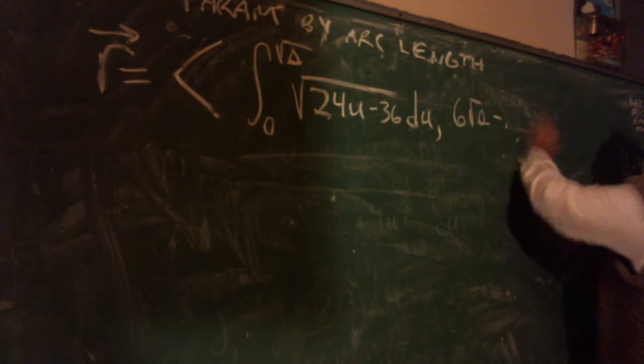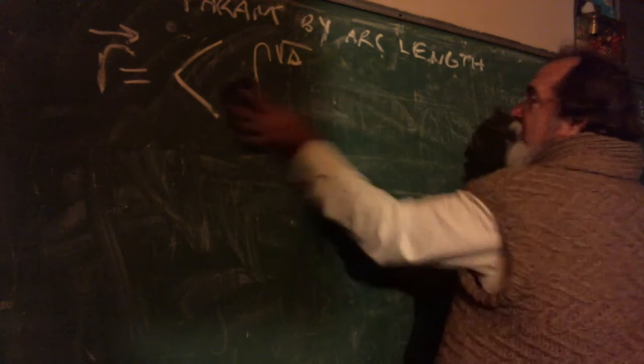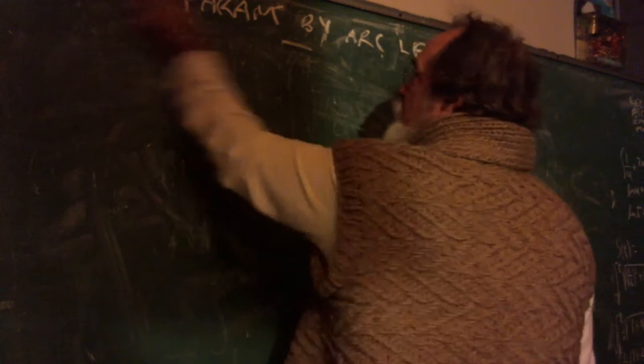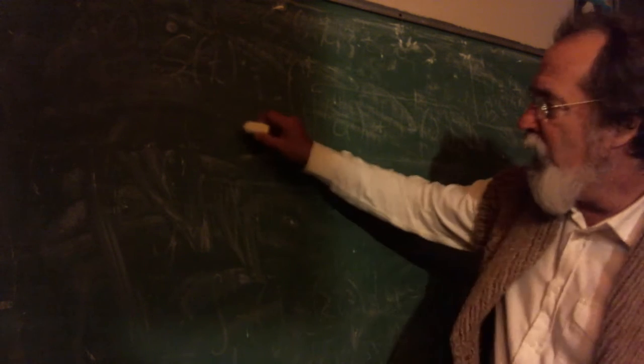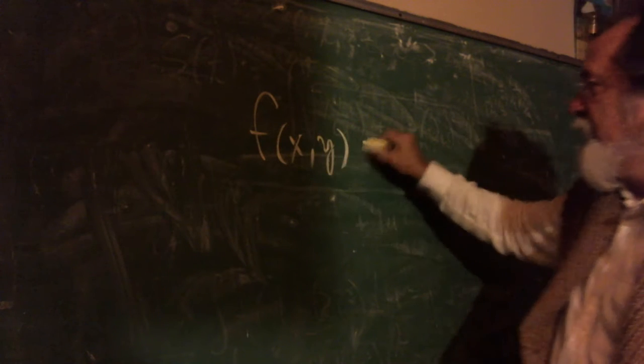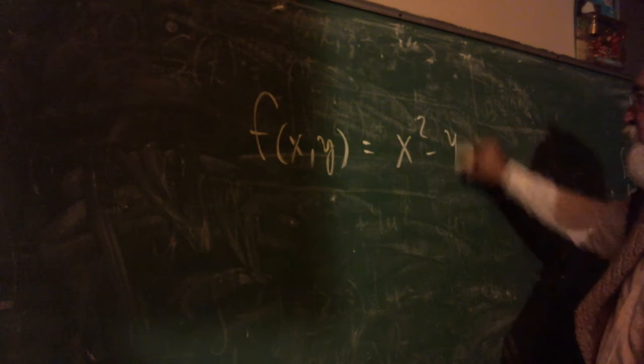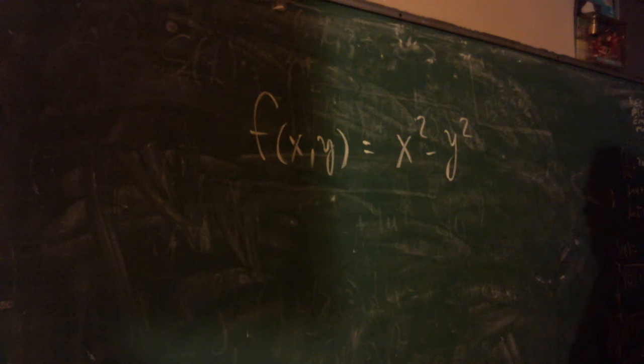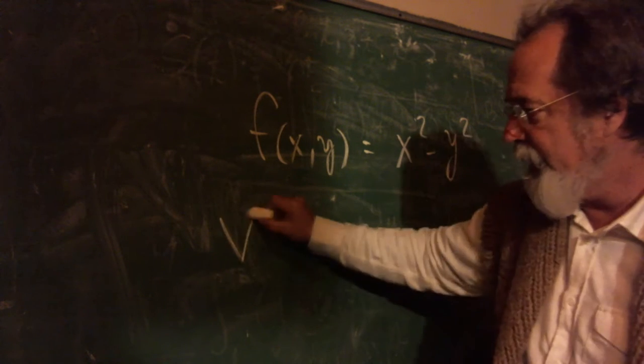Let's take a look at some new stuff. I'm going to introduce you to a new operator, and we'll see this in class. We're going to be using this a lot. When you have f of x y equals, let's say, x squared minus y squared, we're going to have a new operator. It's called the gradient operator.